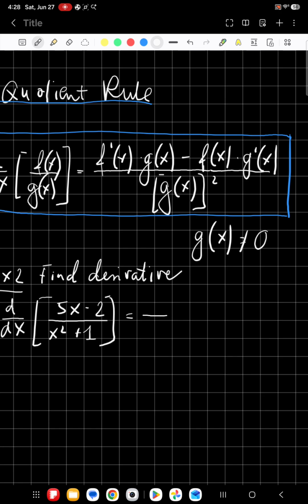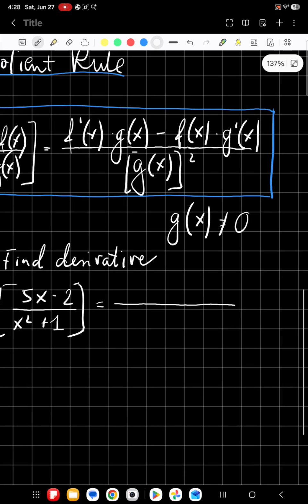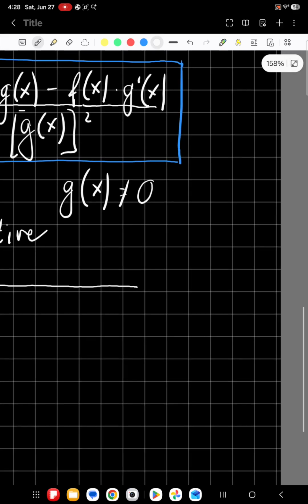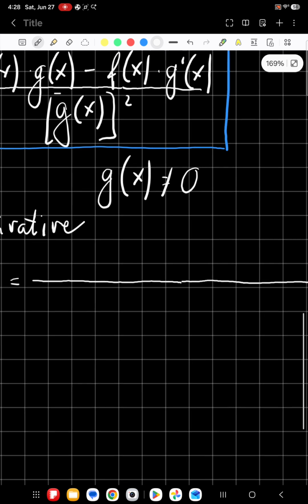So what does it say? It says take a derivative of the first function. Let me see, what would be the easiest way to write it, so for you to see. I'll just use parentheses and then the prime symbol. So I'm taking the derivative of that first function, which was 5x minus 2.